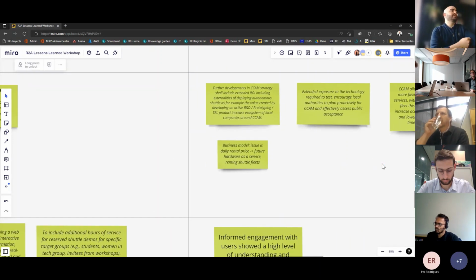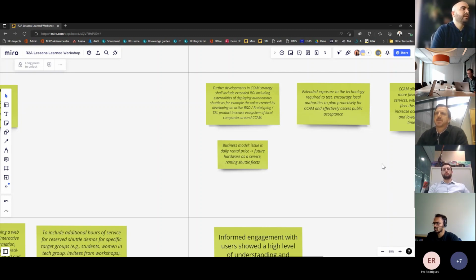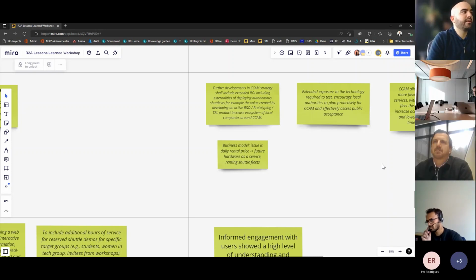And then of course the research agenda around the externalities of deploying autonomous vehicles, to really address this in further deployments. For example, in terms of value created, developing such a research and development agenda, with prototyping, TRL, product increase, ecosystem.